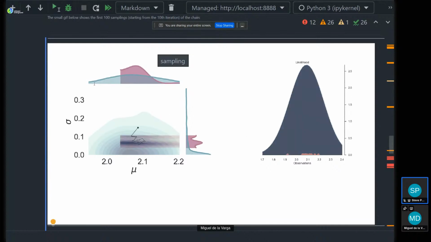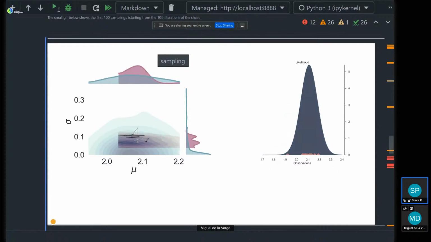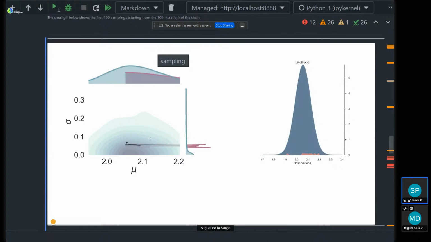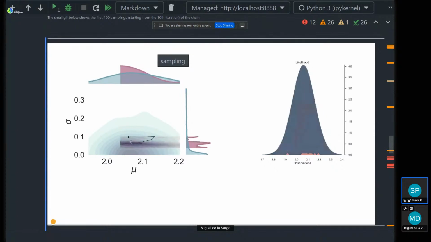And then what we want is just to see which area of the blue, and all of this is multidimensional, right? Because as you can see here in the 2D plot, in this case, because we only have 2 parameters, it's very easy to plot. But it's like this: which area of this blue zone best fits all the observations that we are giving.